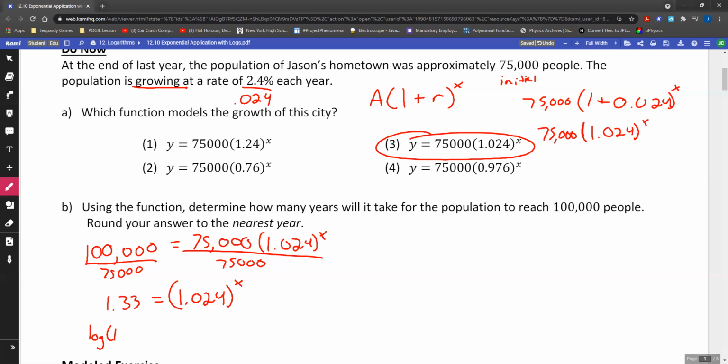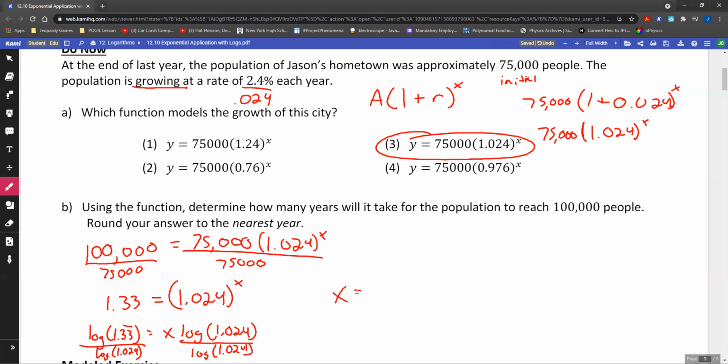So the log of 1.33 repeating is equal to x log 1.024. Remember, I'm taking that exponent and I'm putting it in front. That's the main purpose of doing the log. Divide both sides by log of 1.024. So I have x being equal to the log of 1.33 repeating divided by the log of 1.024.